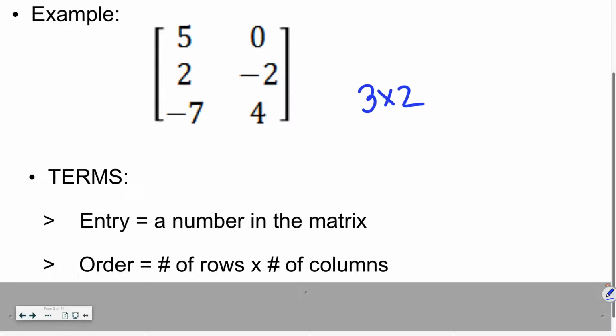I'm going to give you a minute to work with your table to identify the order of each of them. Okay?